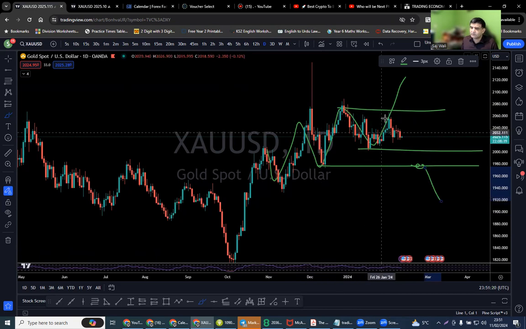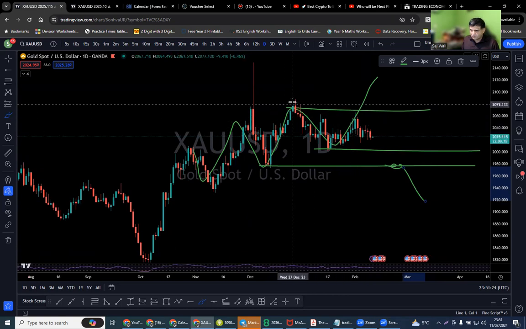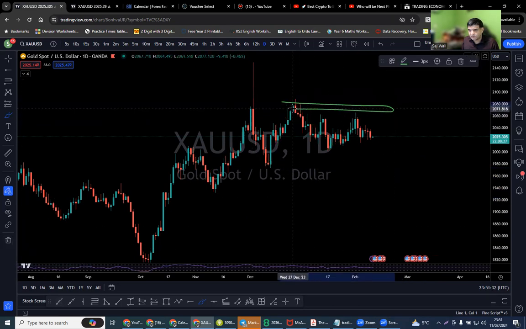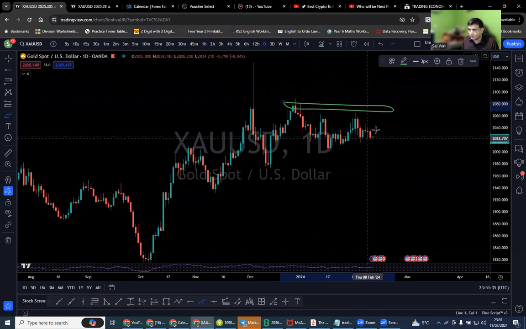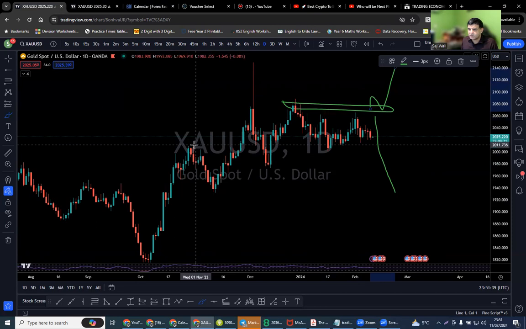At the moment, in daily it is going to the upside. Right. It's highly likely the market can retest this level again and make a wick here and come to the downside or to the upside this way. That's in daily.